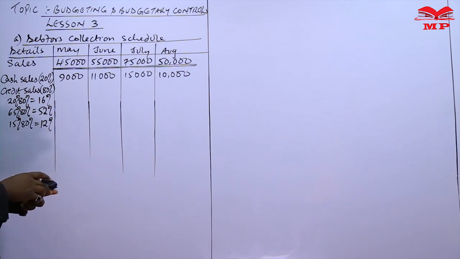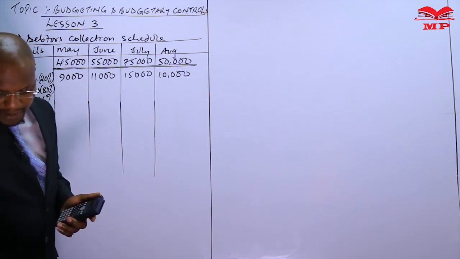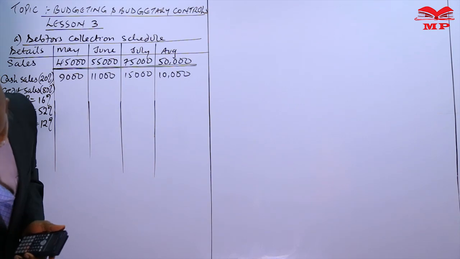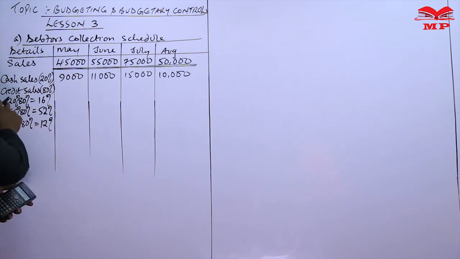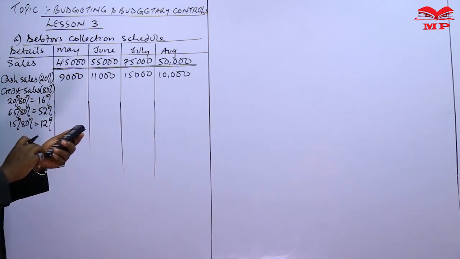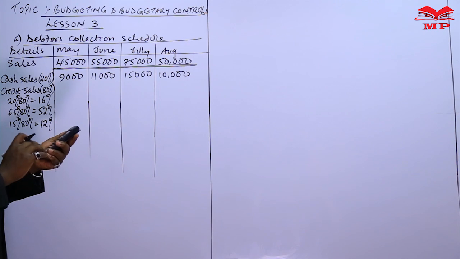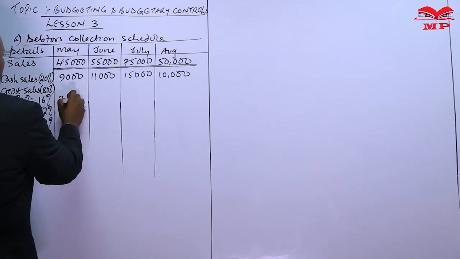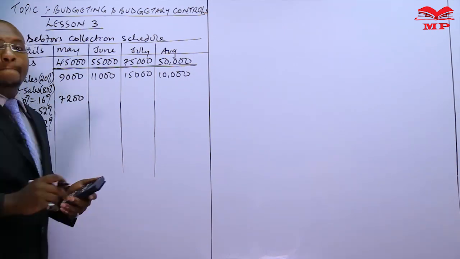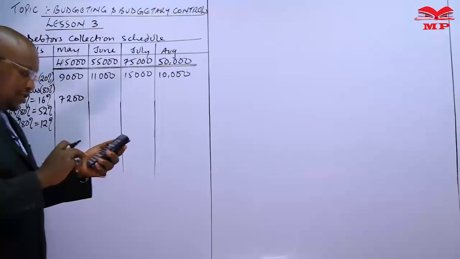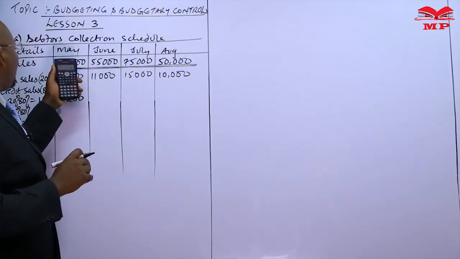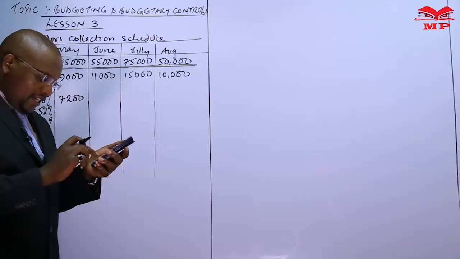So let's see. We are told that the 20% is to be collected the same month. The bit of 20% in the same month will be 0.16 times 45,000. This is 7,200. Remember, it's just like you take, first of all, 80% of 45, so it is 0.8 times 45.